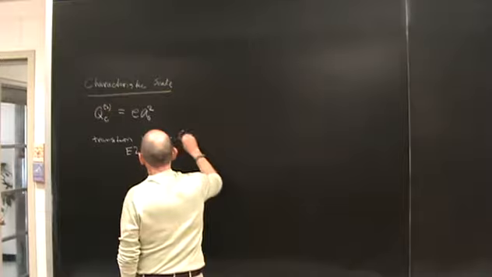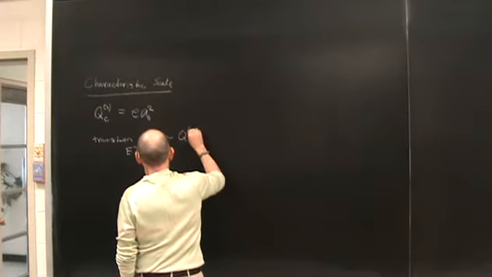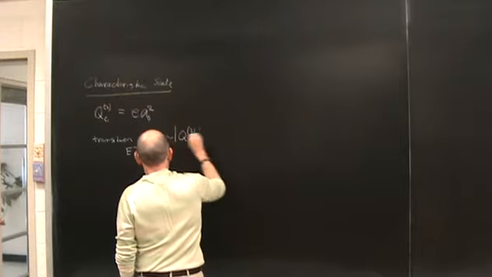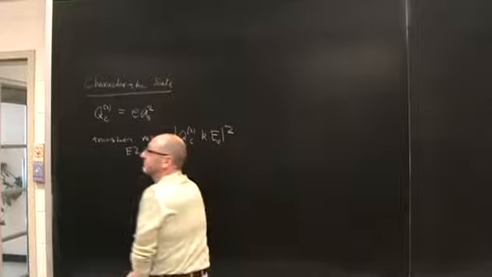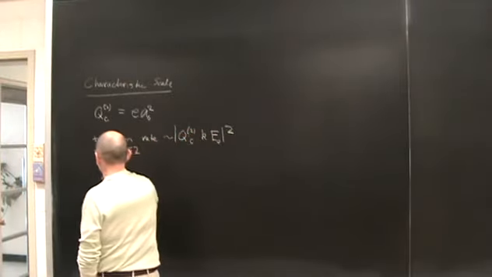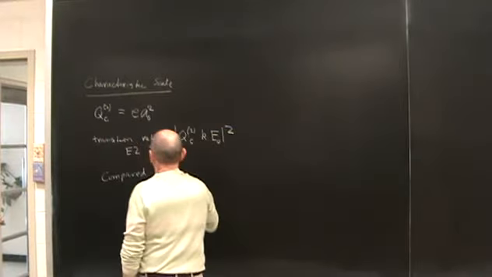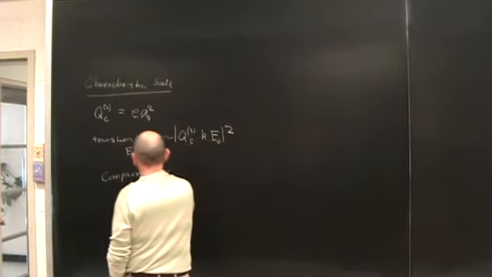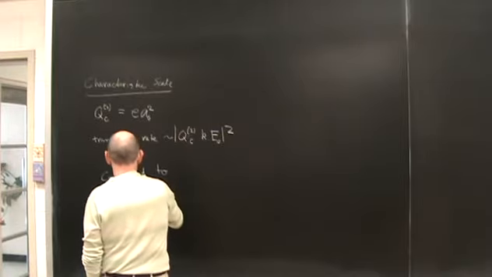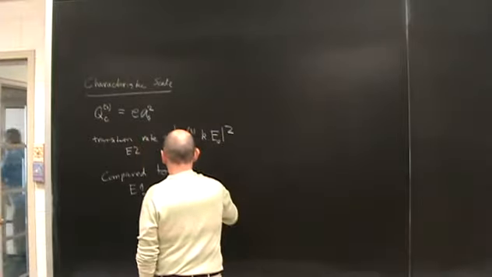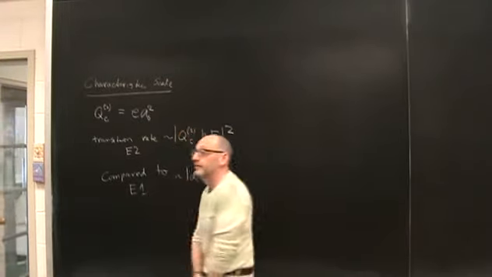It goes like the characteristic scale of this times k E0 squared, right? Compared to, say, E1, which goes like the characteristic dipole times E0 squared, right?